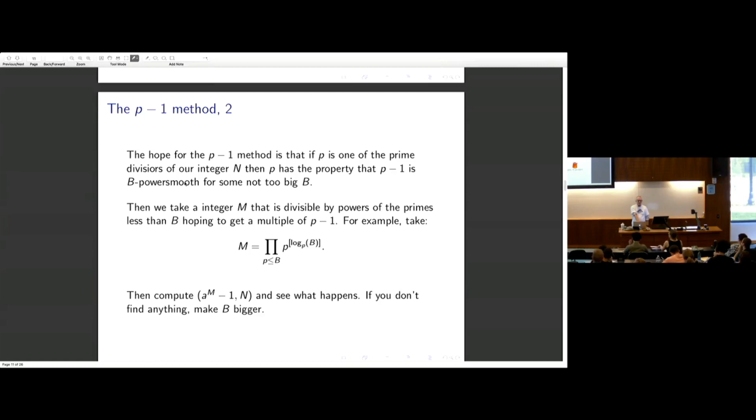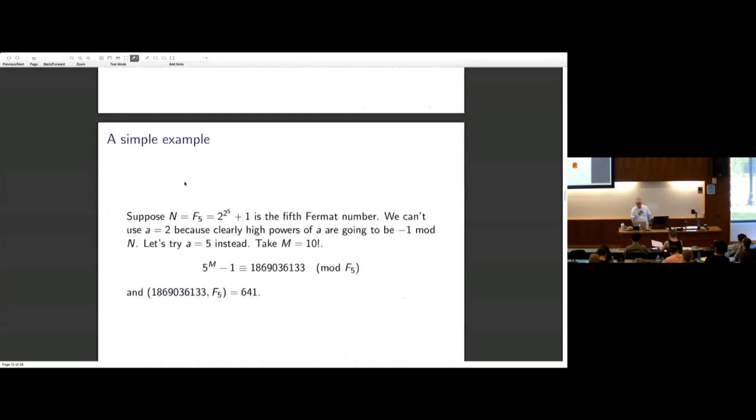I should have used a different letter, because this p in this product is not the p that we're interested in. These are other small primes. And maybe this works. And if it does, you find a factorization of n. If it doesn't, you can try a bigger bound, or you could try a different a. So here's an example.